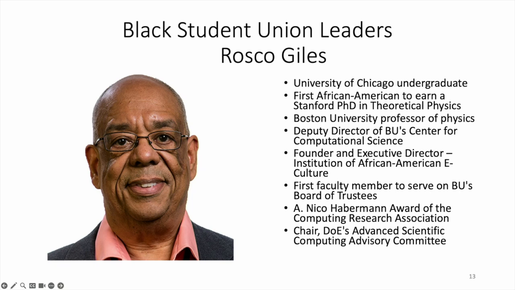He went on to be a faculty member at Boston University, where he gained renown, both for his advances in computational science and his leadership there, as well as being the first BU faculty member to be on the board of BU's trustees.